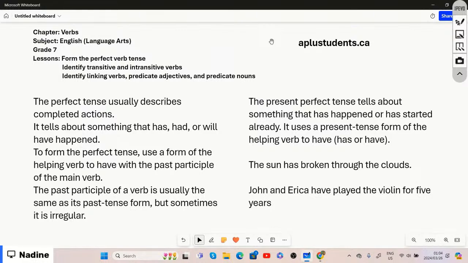And the lessons that we are going to focus on under the chapter of verbs are to form the perfect verb tense and identify transitive and intransitive verbs. We're also going to lastly identify linking verbs, predicate adjectives, as well as predicate nouns. Those are the lessons we're going to be focusing on under the chapter of verbs.